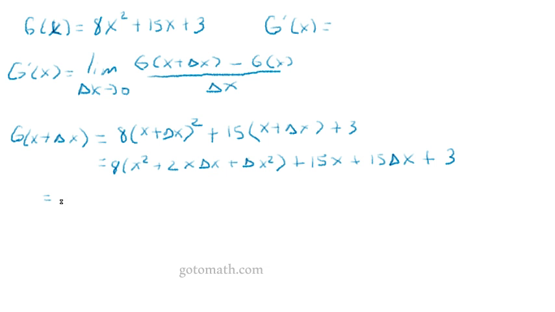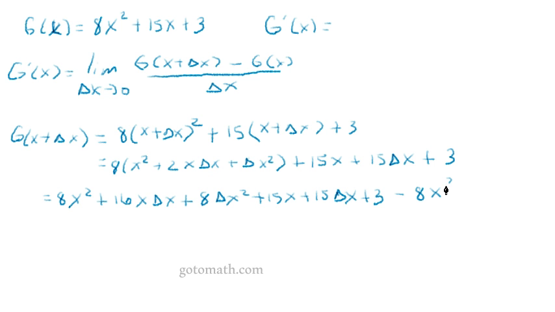Okay, so that means it's going to be 8x squared plus 16x delta x plus 8 delta x squared plus 15x plus 15 delta x, all right, plus 3, and then minus the g of x, so that's going to be 8x squared, distributing this negative across, and then minus 3.